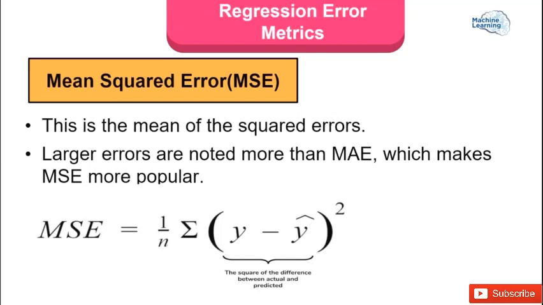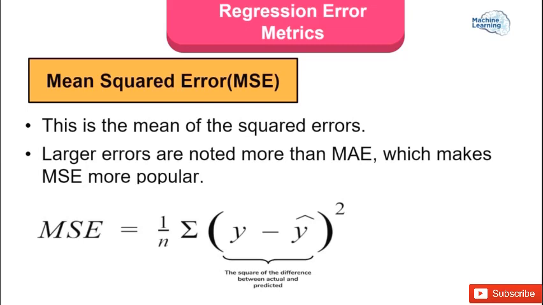When we take this square, as you can guess, larger errors are noted more than with the mean absolute error. This makes the squared error a bit more popular because you're going to penalize your model for those outliers where it's just not suitable. And we don't need to take the absolute value anymore because everything that is squared is positive.